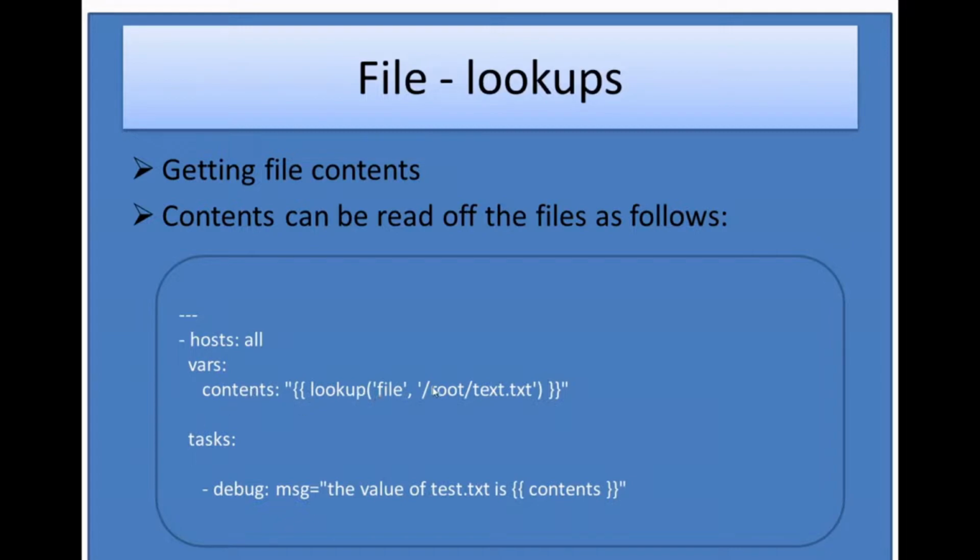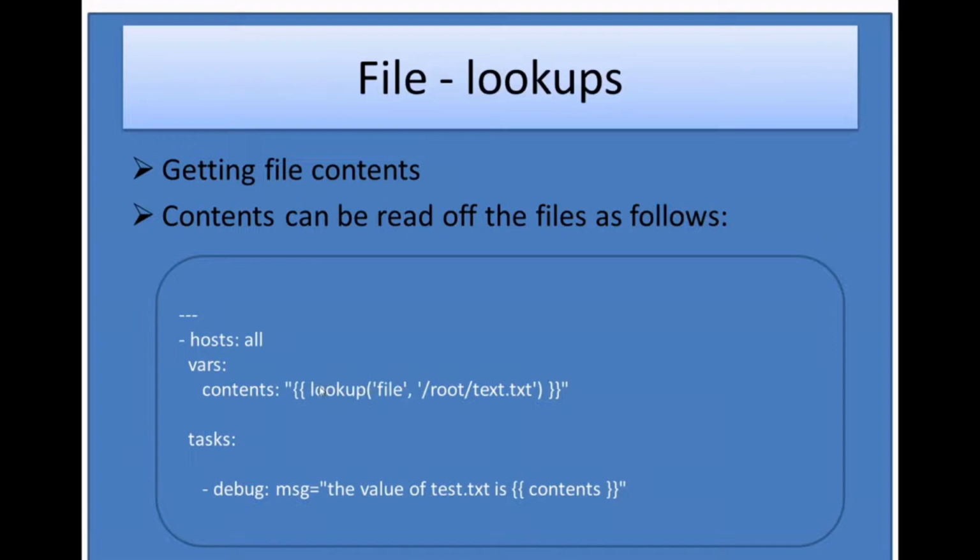So I'm just calling the lookup. This is how you need to define lookups, right? So the variable is content. In the content, I'm going to assign the contents from the root.txt file. So here is the syntax.